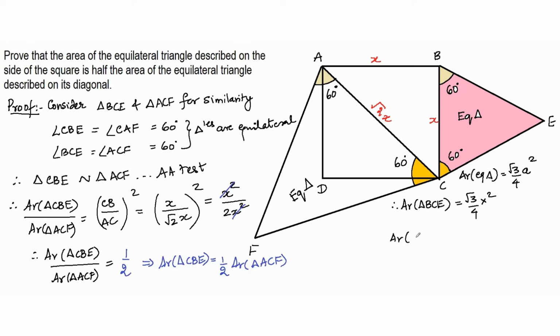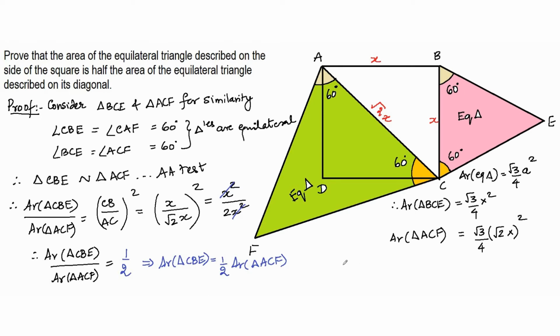Similarly, area of triangle ACF is built on base AC, and the length of AC according to Pythagoras theorem is square root of 2 times x, and therefore its area is going to be root 3 by 4 times square root of 2x the whole square.